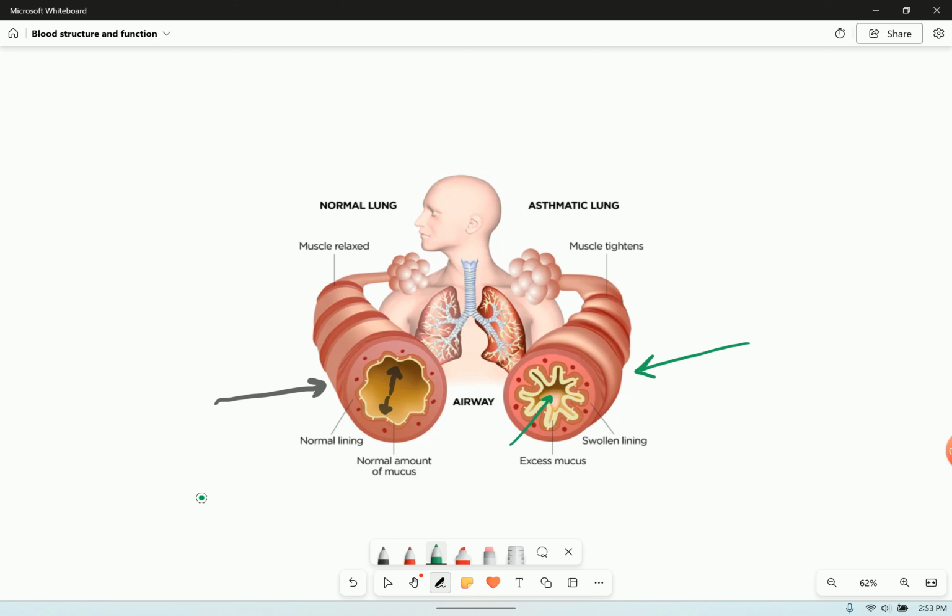In this case, bronchial constriction is done by a disorder, an asthmatic lung. In other words, inflammation is creating a narrow lumen. When you look down the barrel of a tube, you are looking at the lumen. So, a nice and open lumen in the normal lung and a more narrowed lumen in the asthmatic lung.